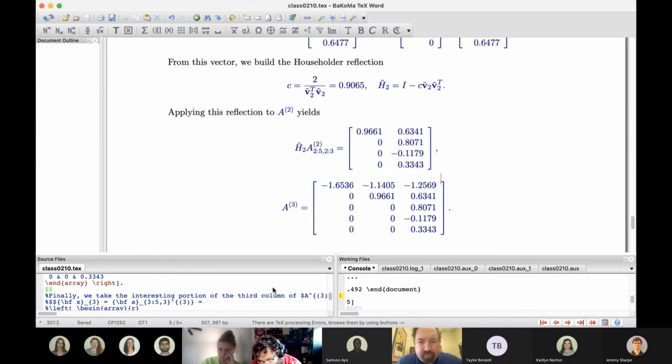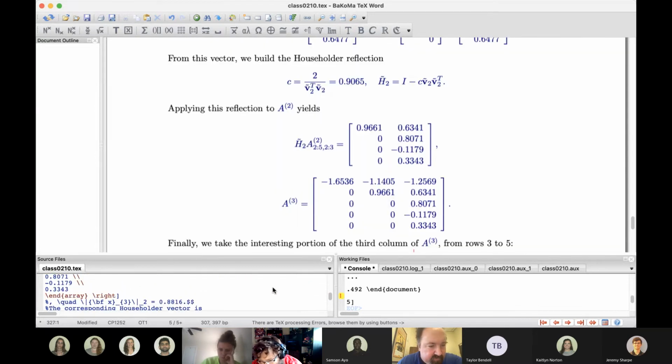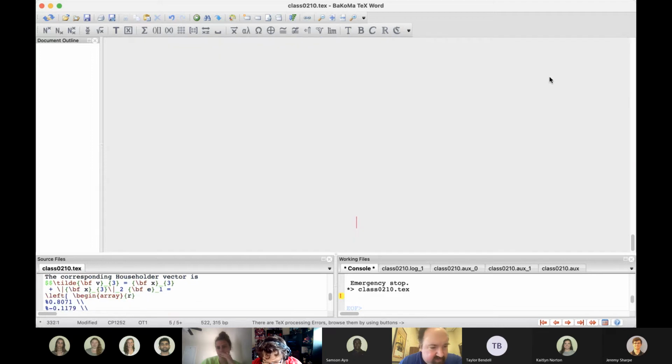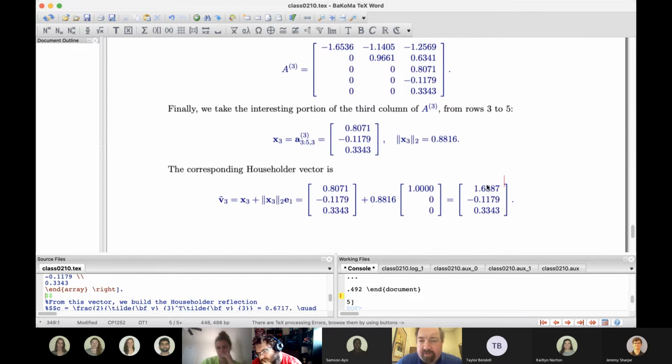So now I have one more column to work on. So just this portion of the third column, take its 2 norm. And all right, so I form my V once again.